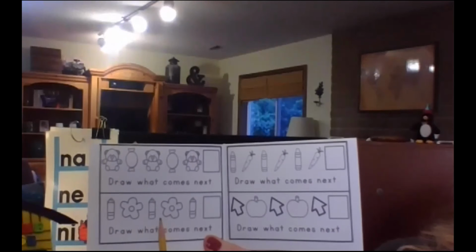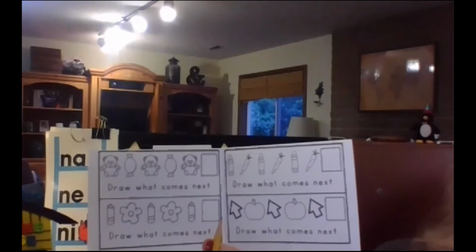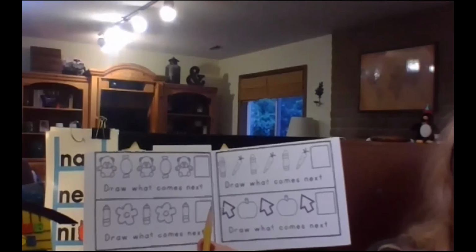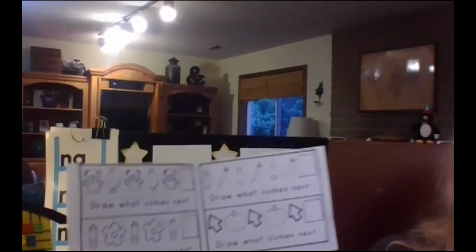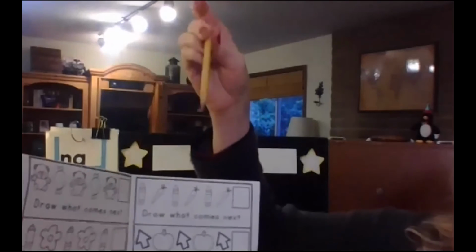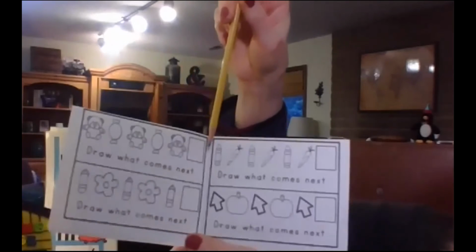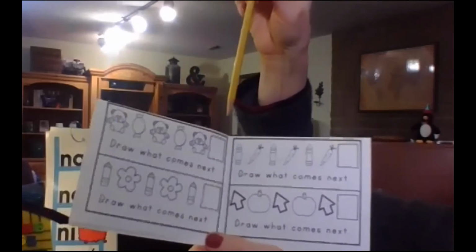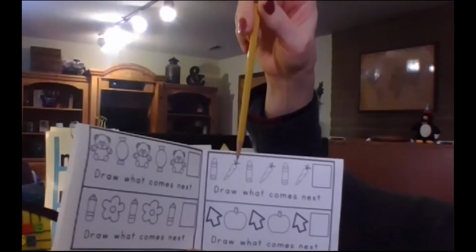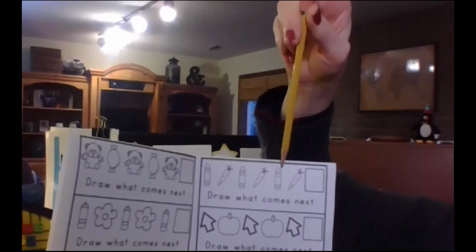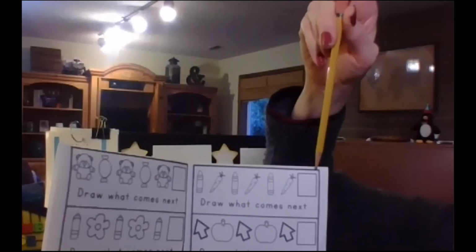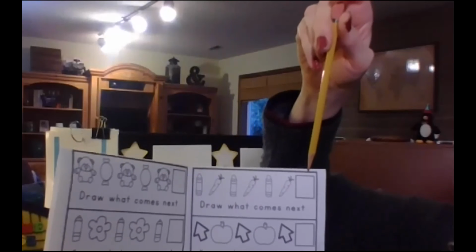Crayon, flower, crayon, flower, crayon, flower. You're right, you would draw a flower in there. And then what's on this one? See it? Crayon, carrot, crayon, carrot, crayon, carrot, crayon. You would draw a crayon there.